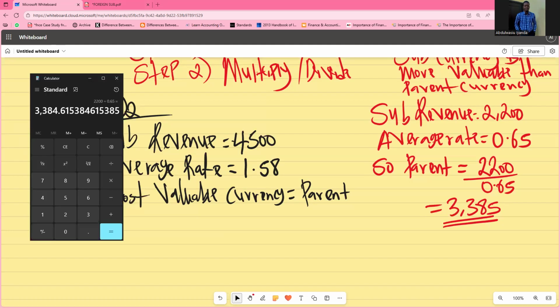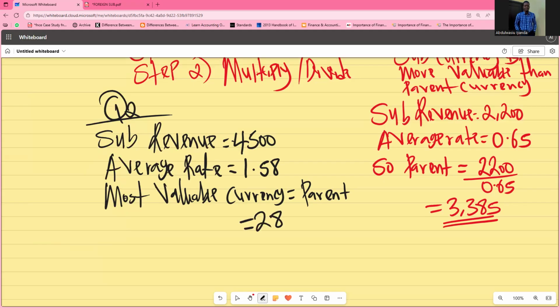So what am I expecting by the time I move this 4.5 to the parent? You can first of all do something in the exam within the 15 minutes that will be given to you to read. Just divide this by 1.58, and that's 2,848.